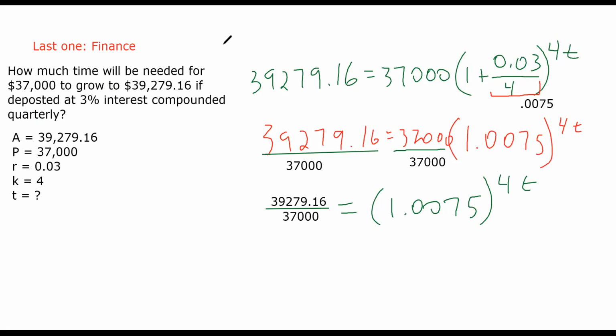And now what I can do is I can take a logarithm of both sides. The reason to do that is because my variable is up here in the exponent, and that's going to allow me to take it out of the exponent.